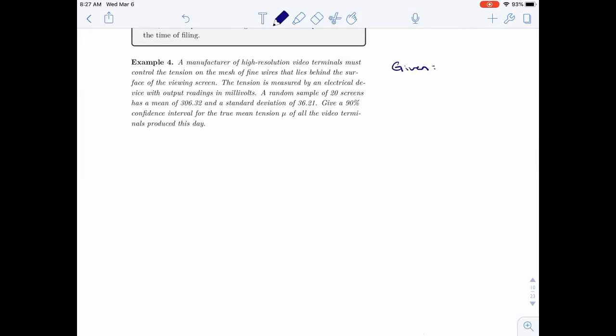We're given n is 20 screens, and that sample of 20 screens has a mean of 306.32 and a standard deviation of 36.21. Because we only have the sample standard deviation, therefore sigma is unknown.